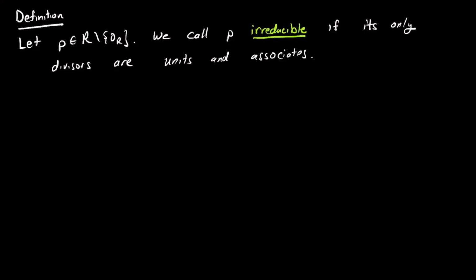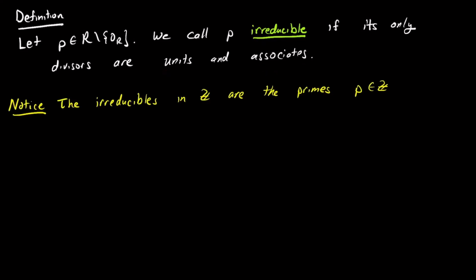Okay, so the last idea that we want to generalize from Z and from F[x] is this notion of an irreducible element. So what do I mean by this? Well, a non-zero element p in R is called irreducible if its only divisors are units and associates. So where is this definition coming from? If you think about Z, following this definition, the irreducibles are just going to be the prime numbers.